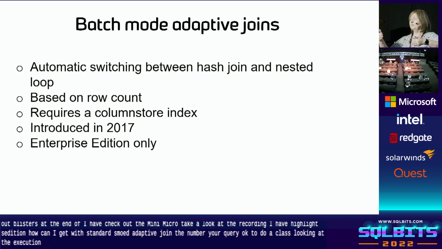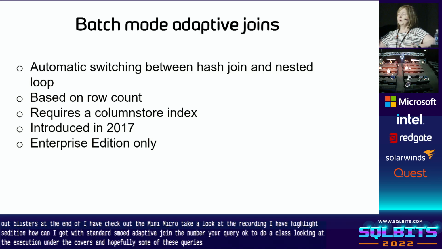So what's happening under the covers, and hopefully quite a few of you are familiar with that. There's two different ways that SQL Server might process some of these queries. If there's a low number of rows coming through, it might use this technique called nested loop. So even if you write the query one way, under the covers, SQL Server can choose one of two different ways to solve the problem. Here's the issue.